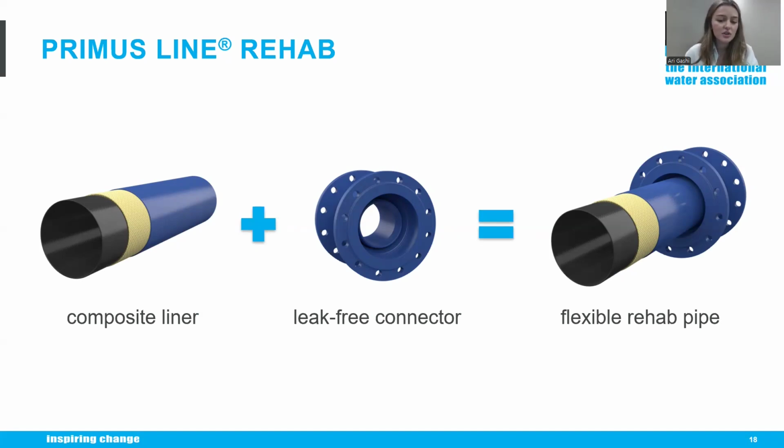There are essentially two main components. First, of course, the flexible composite liner. And then we have the specially designed mechanical connectors. Together, these components form a structural rehabilitation system to carry the internal loads independently of the host pipe support. The host pipe becomes a conduit and takes the ground and also the traffic load.